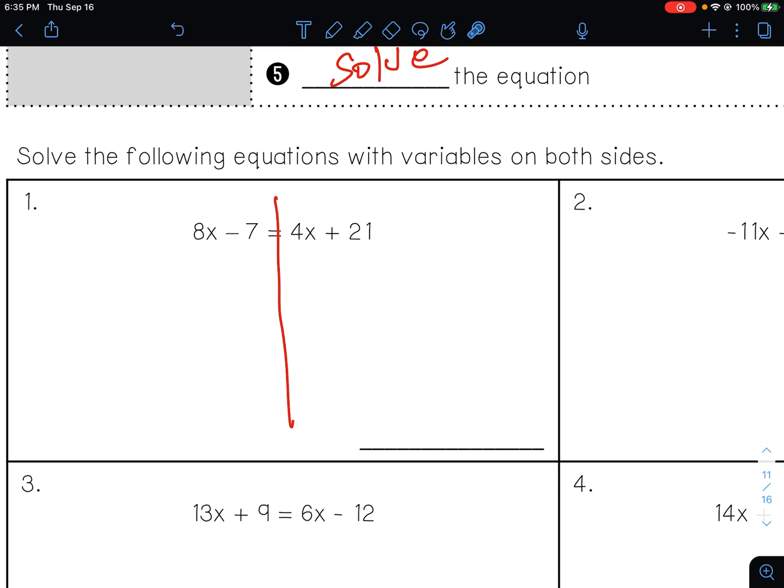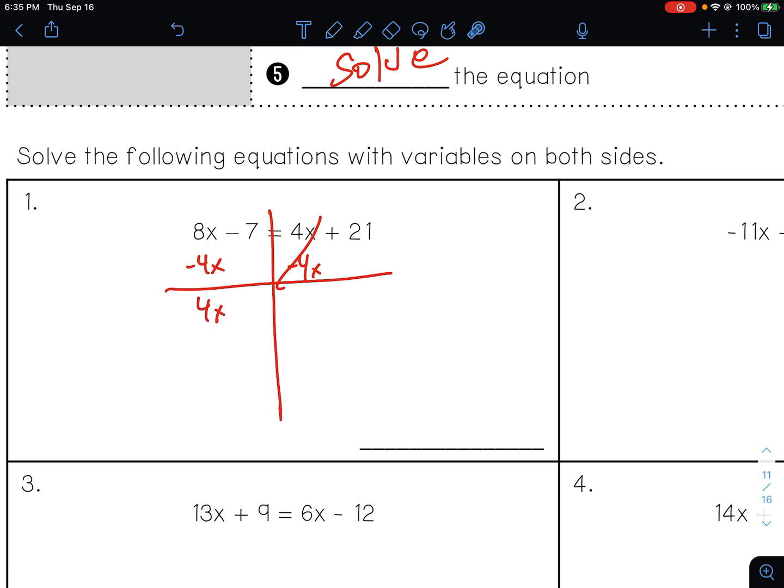This is my recommendation. I could either subtract 8x on both sides, and then that leaves me with negative 4x, and this cancels. Or I can subtract 4x on each side, and then that gives me positive 4x.